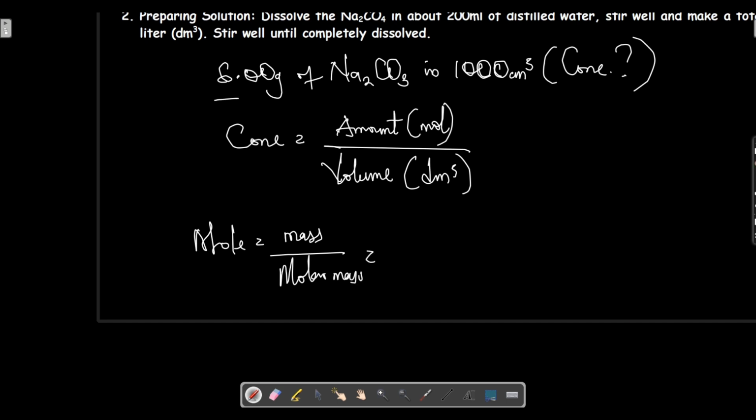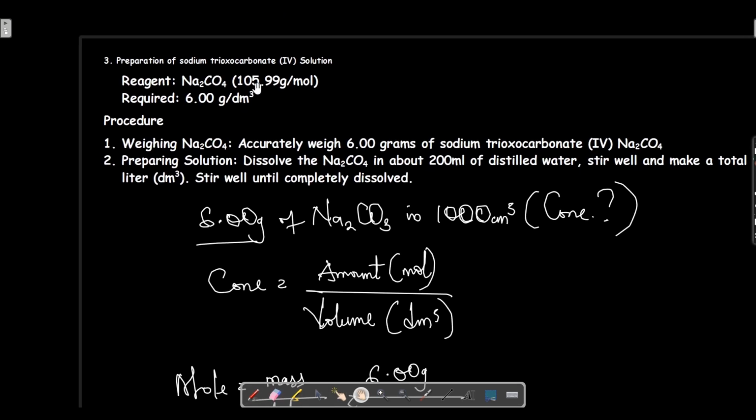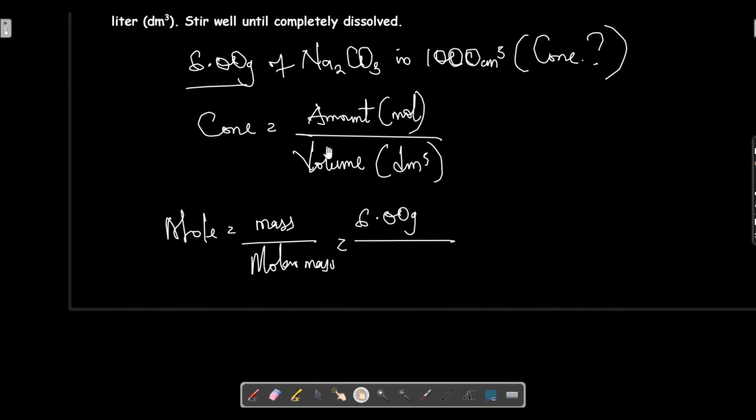And what's the mass? It is 6.00 grams. And what's the molar mass, which is the formula weight? We use the word formula weight because it's an ionic compound. The formula weight for sodium carbonate, we have it here as 105.99 grams per mole.